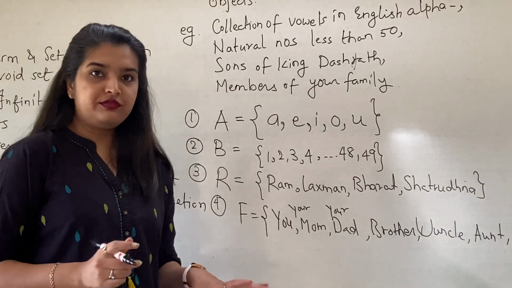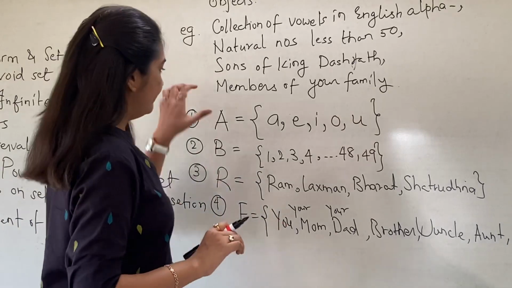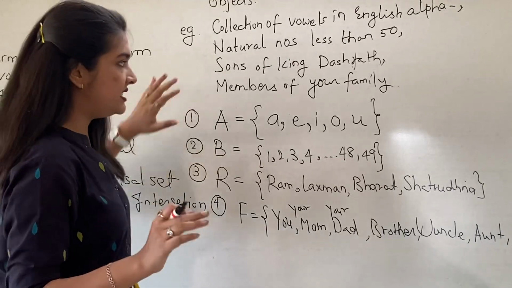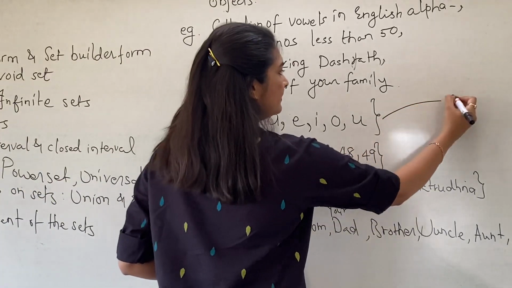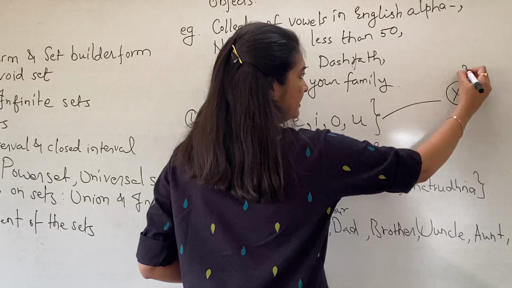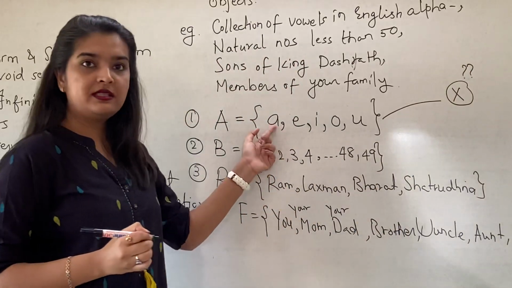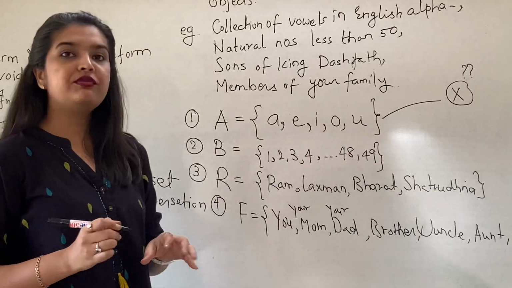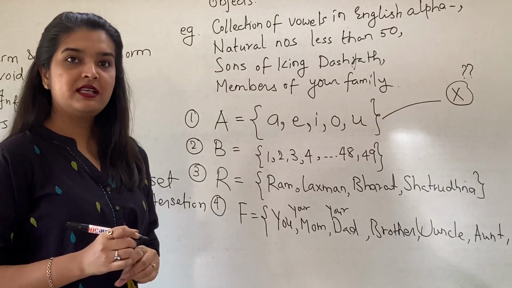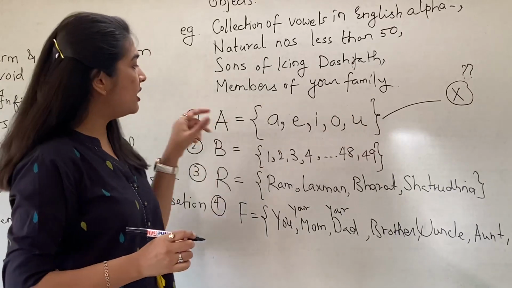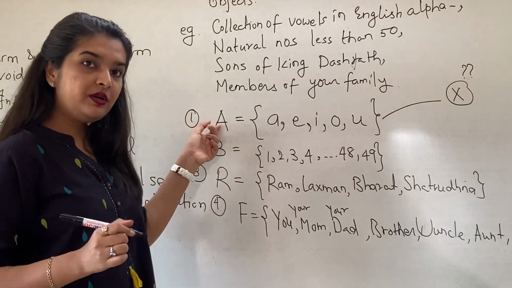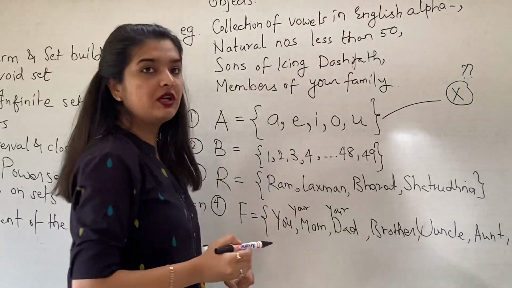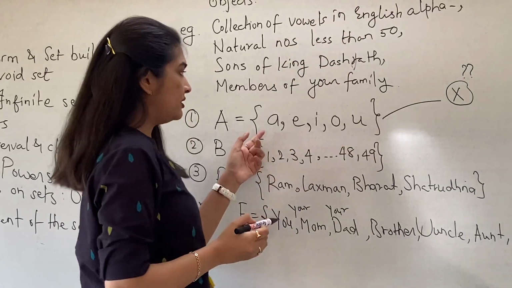Now, if I say, for example, in first question, is X part of this set? No. Why? Because X is not the collection of vowels in English alphabets. Therefore, X does not belong to this particular set. So it is clear that the set is well defined as well as collection of objects.